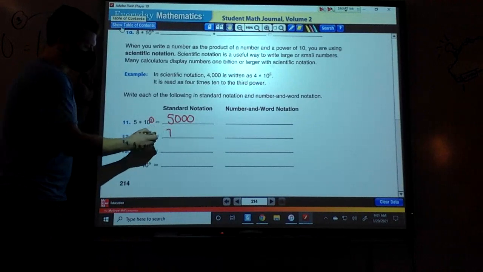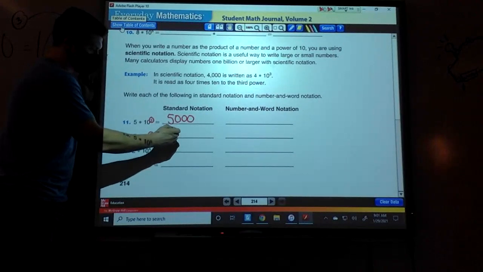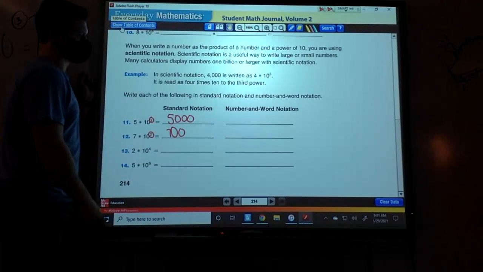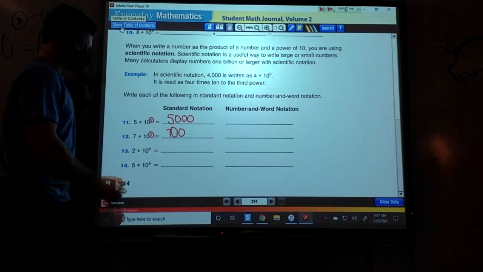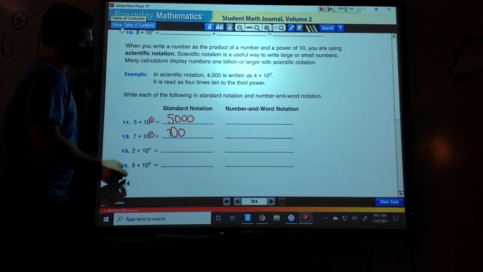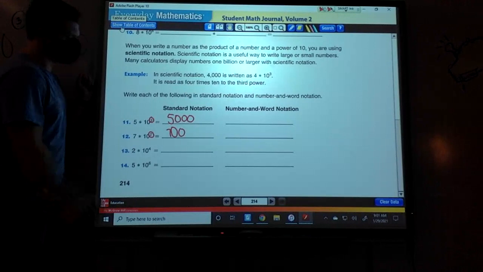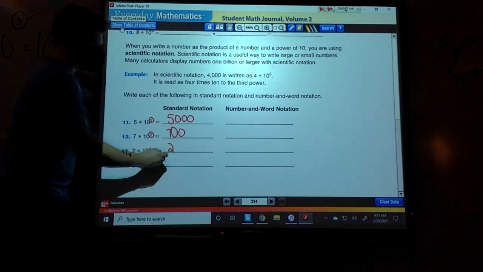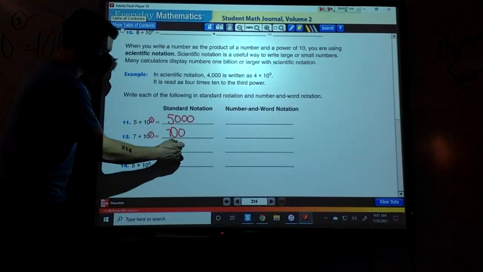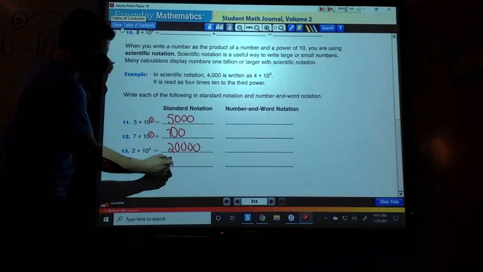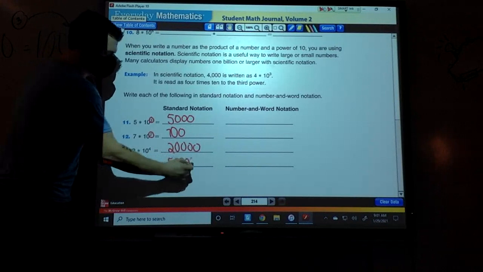Times 7 is a 7 with 2 zeros. 2 times 10 to the 4th is a 2 with how many zeros? 4. There we go. 5 times 10 to the 6th is a 5 with 6 zeros.